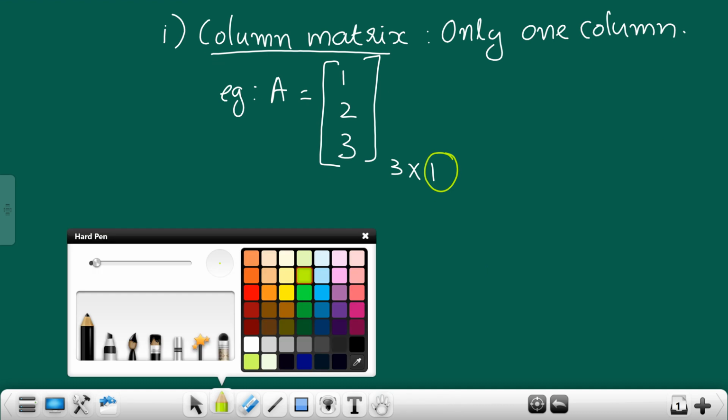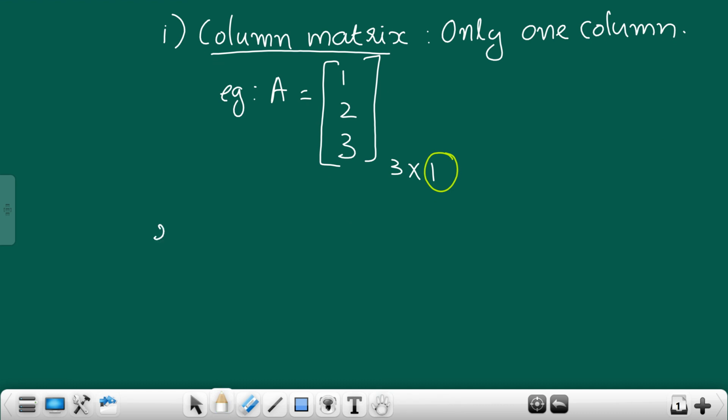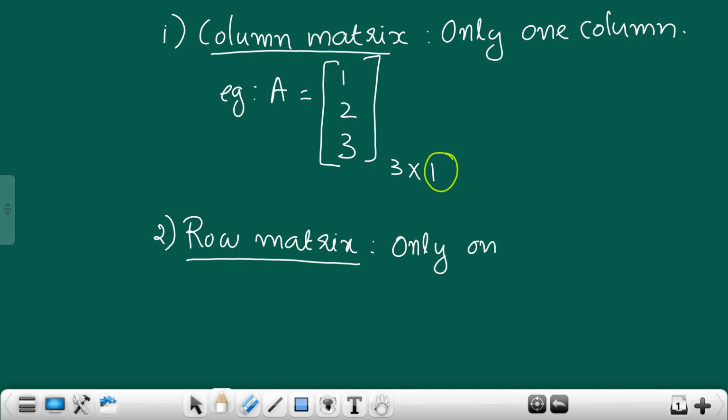Second one, row matrix. A matrix having only one row is called a row matrix. Here only one row.